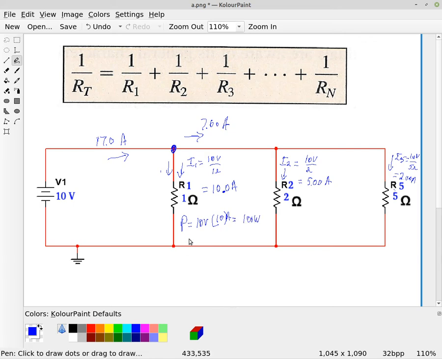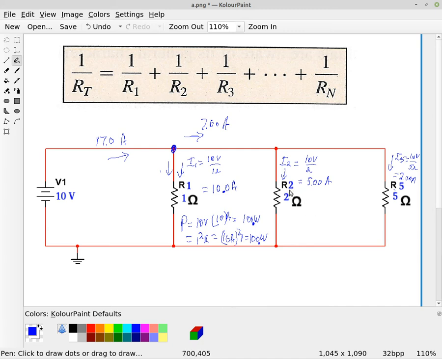Or we can also say it's equal to I squared times R. Well, I is 10, so it'd be 10 amperes squared times R, which is 1, which is also 100 watts. Now remember, if this is going in Blackboard, we need 100 period, and then the watts for our 3 significant digits.